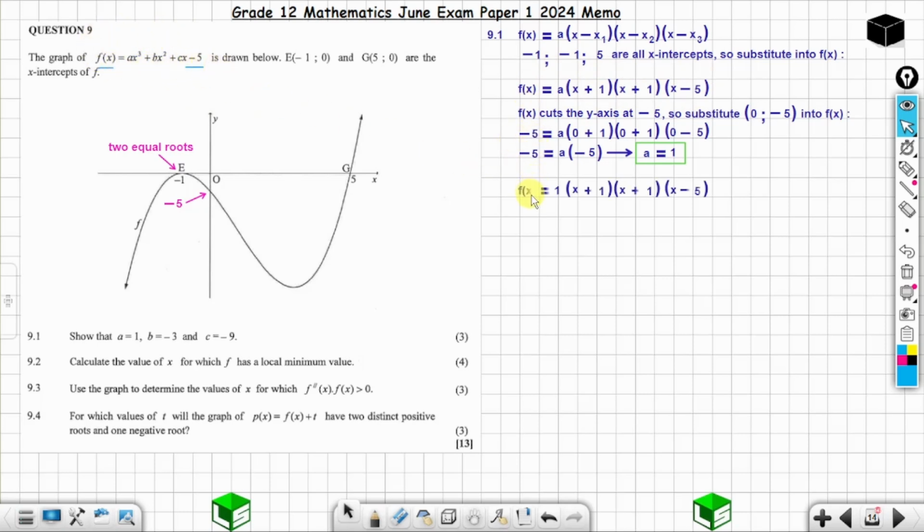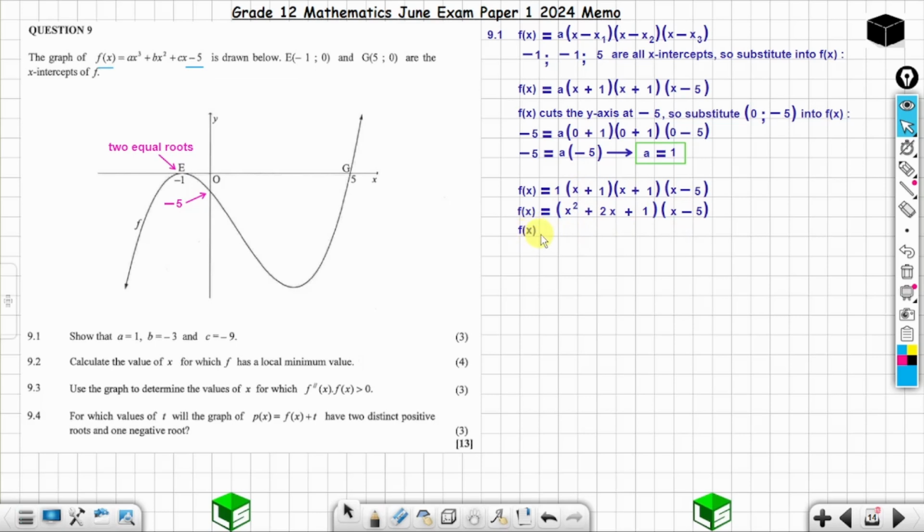Okay, so f of x is equal to this. You have A is equal to 1. You still have this. F of x is equal to 1 times this. So you have x squared, x times 1, x, 1 times x, x, x plus x, you have 2x. 1 times 1, you have 1 times this.